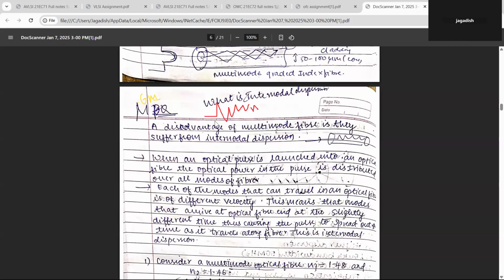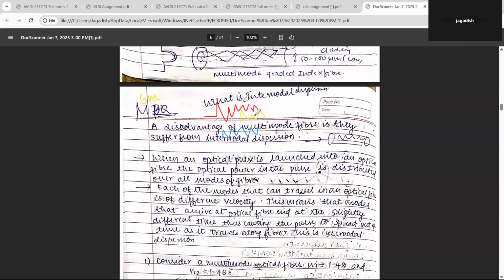If I consider this as one ray, this as the second ray, and this as the third ray, will all these rays move in the same direction and with the same velocity? Do you accept it? No. They will move with different velocities and take different times.